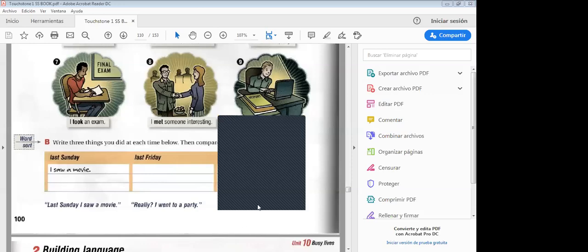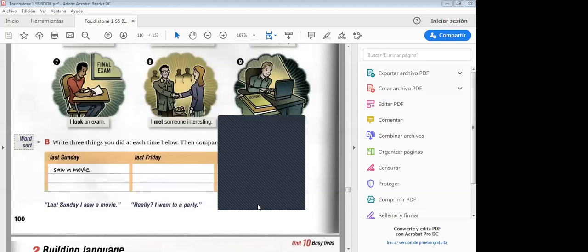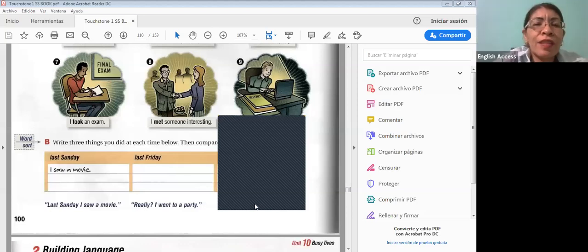Page 100. Lesson B. A busy week. 1. Building vocabulary. Irregular verbs. A. Listen and say sentences. Did you do these things last week? 1. I bought a sweater. I bought a sweater. 2. I had a piano lesson. I had a piano lesson. 3. I made a lot of phone calls. I made a lot of phone calls. 4. I saw 3 movies.